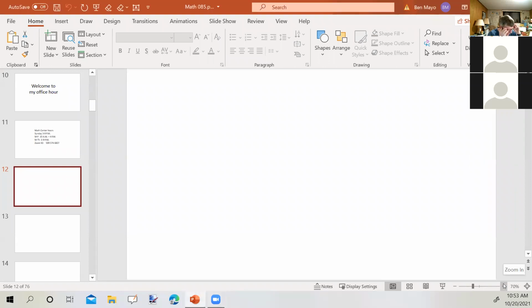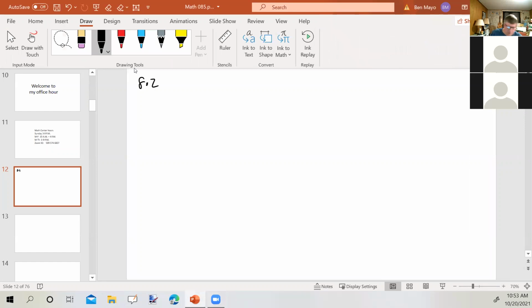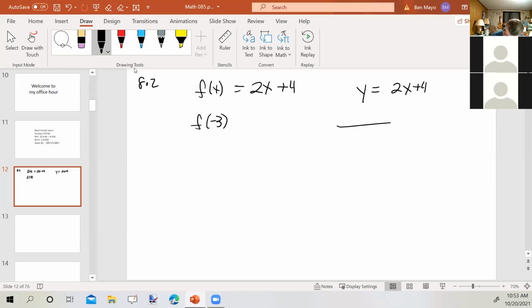So let's see here. We started with section 8.2. And the main thing with 8.2, well, there were two main things. One of them was getting used to function notation. So for instance, if I have f of x equals 2x plus 4, and I want to find f of negative 3, that's just like having y equals 2x plus 4, and I'm trying to complete the ordered pair negative 3 comma whatever, right?